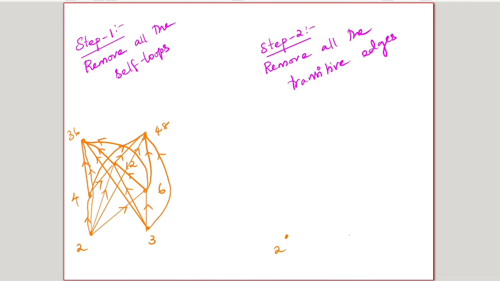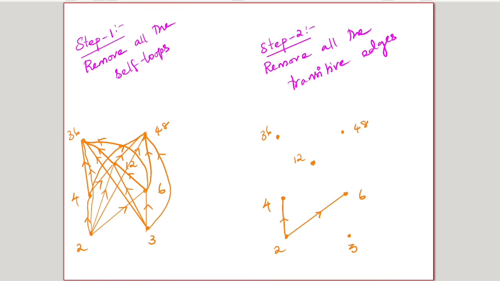So here it is 2, here it is 3, here it is 4, here it will be 6, in the middle it is 12, and here it is 36, here it is 48. So we know that we have to draw the 2, 4 entry because there is no transitive edge between these two. And then 2, 6 also we have to connect. In any other way we cannot connect this part.